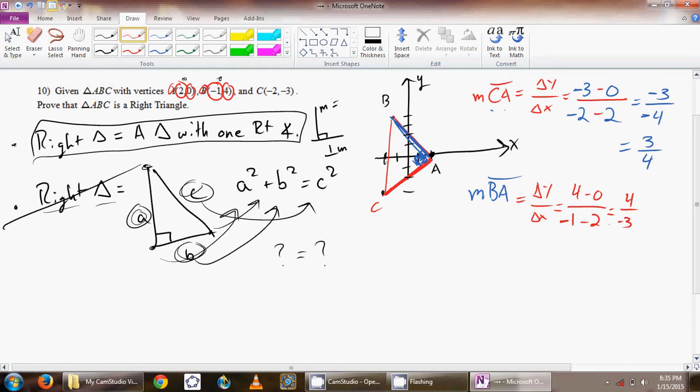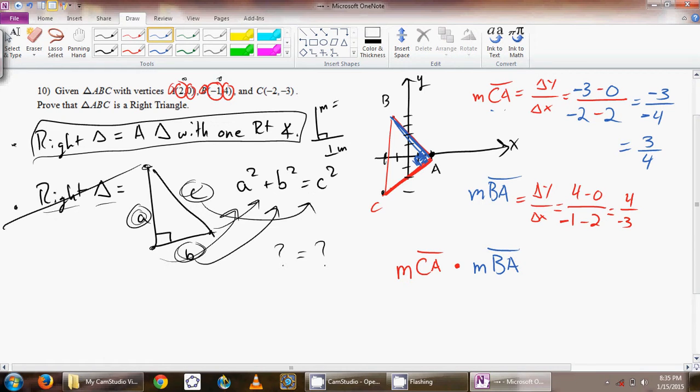Okay? And let's see, are these slopes negative reciprocals? Here's how you check if slopes are perpendicular, all right? You multiply the slopes together. So we're going to do the slope of CA times the slope of BA.